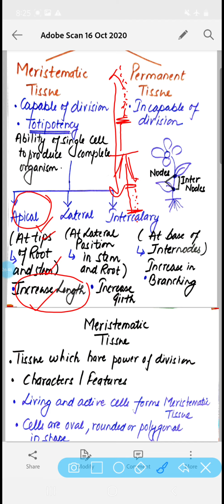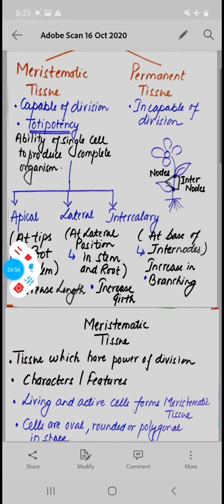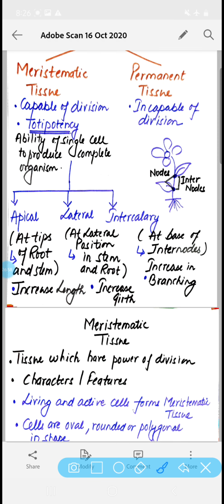दैट इज़ सफिशिएंट. ओके, नाउ this second kind of tissue is the lateral tissue. This lateral tissue, as I have already shown you in the diagram, is present on the sides of the plant, both the sides. So they are present at the lateral position.